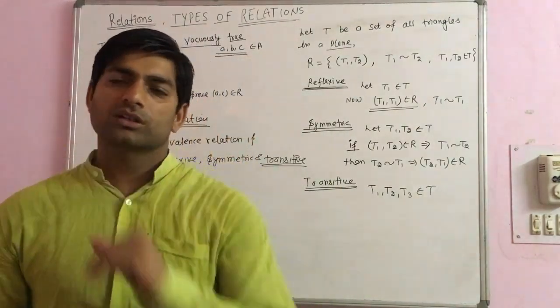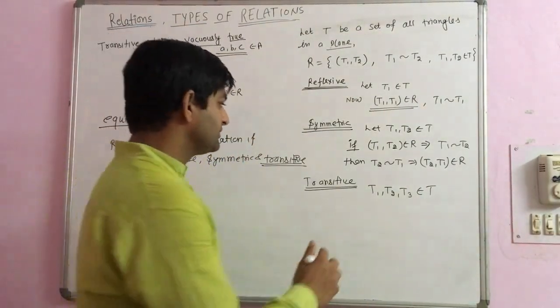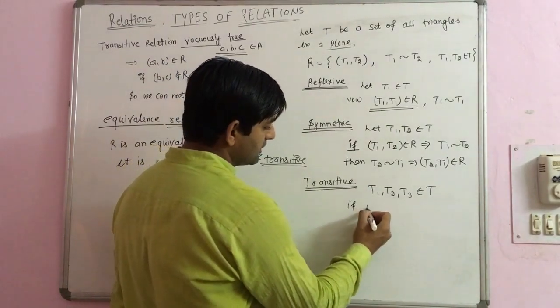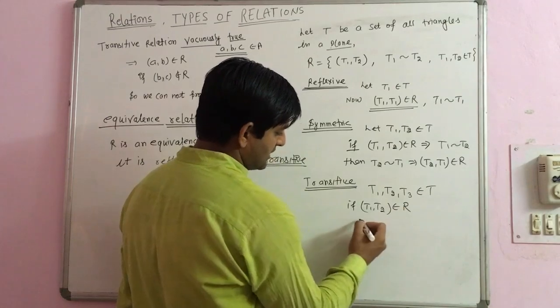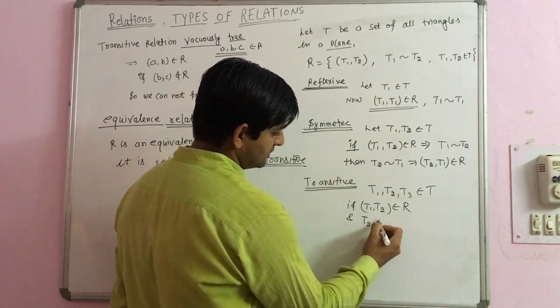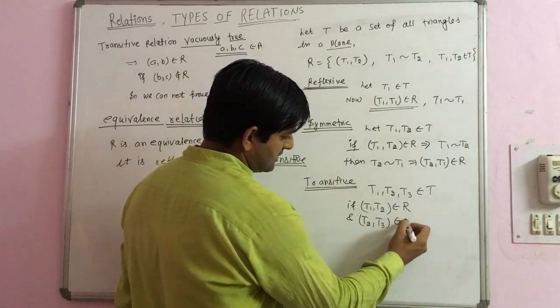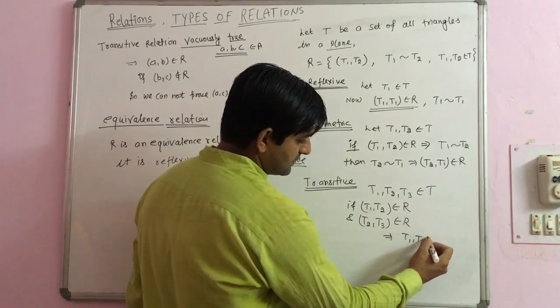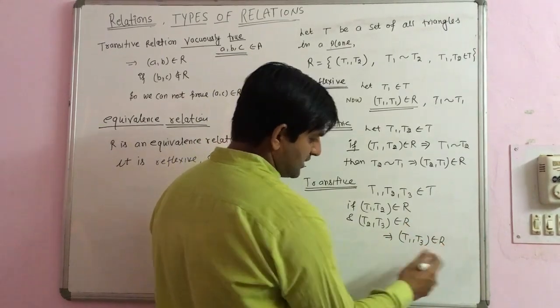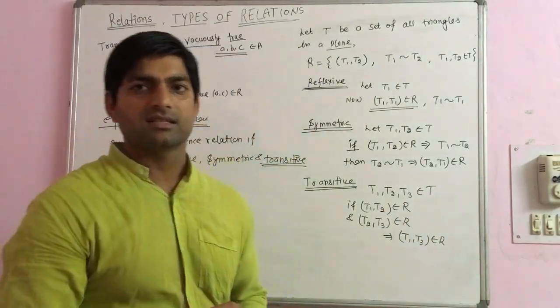That two conditions hold: if T1, T2 is in R and T2, T3 is in R, then it implies T1, T3 is also in R. Now, why is T1, T3 in R?